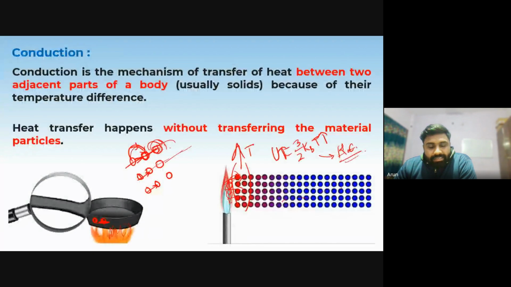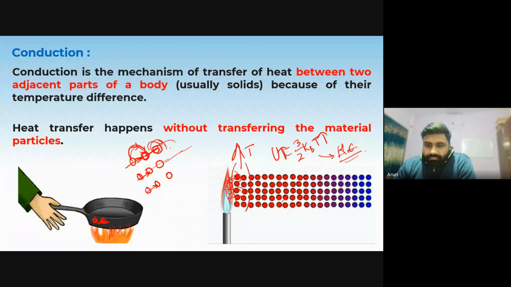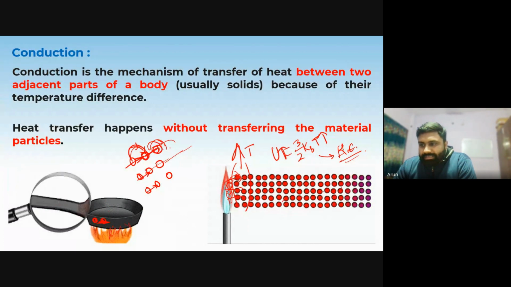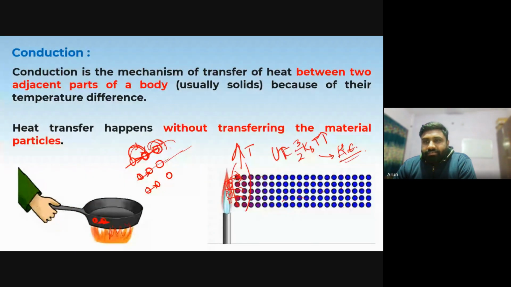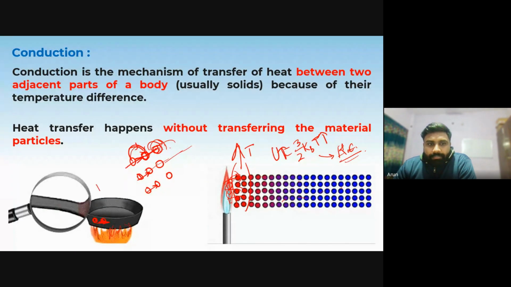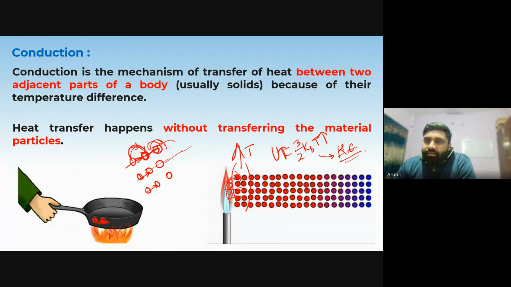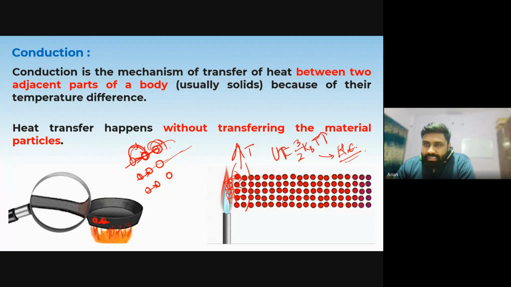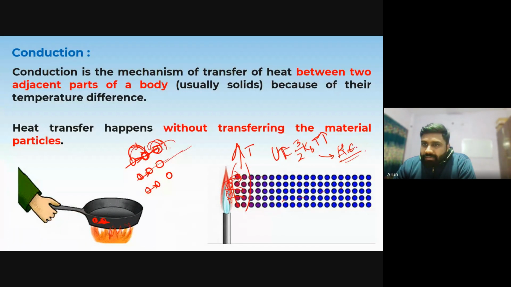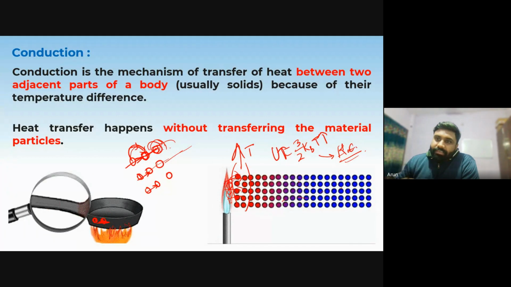Now, one more piece of information that I want to give you: in conduction, there is a possibility that some materials will conduct heat more rapidly than others. Metals are good conductors of heat because, with respect to other materials, they get hotter and hotter rapidly. Why?